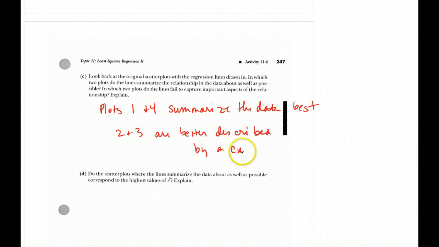The line really doesn't do much for you there if you look back. Okay, if you look at 2 and 3, it's more curvy. I guess you could sort of argue 3, but 1 and 4, I guess, are better for the linear regression, according to the residuals.